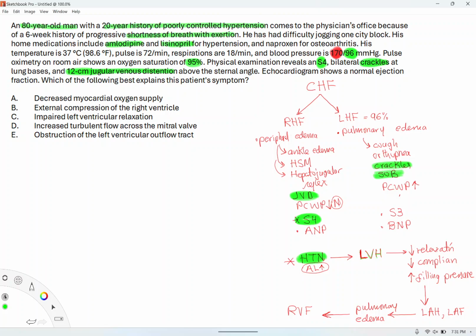There are two types of heart failure: heart failure with preserved ejection fraction and heart failure with reduced ejection fraction. Heart failure with reduced ejection fraction is when ejection fraction is less than about 40%.